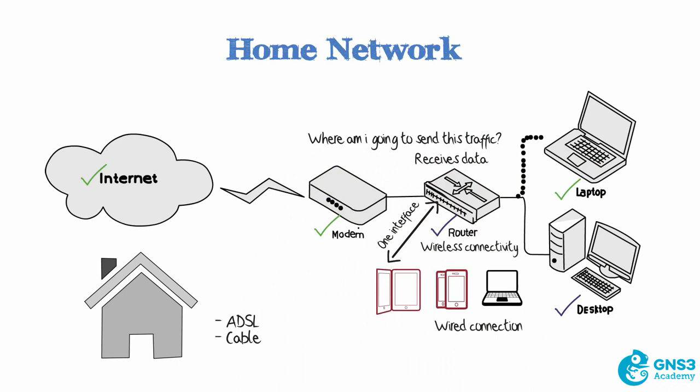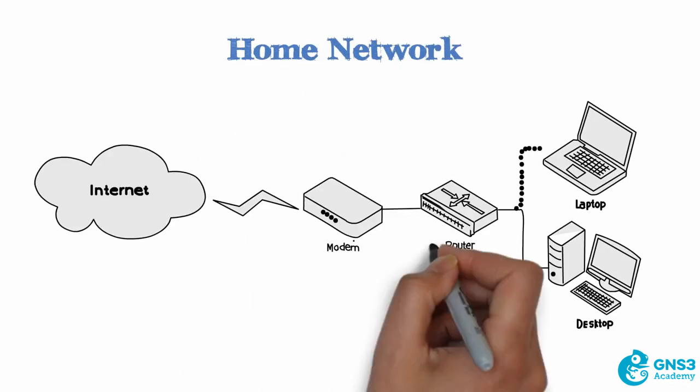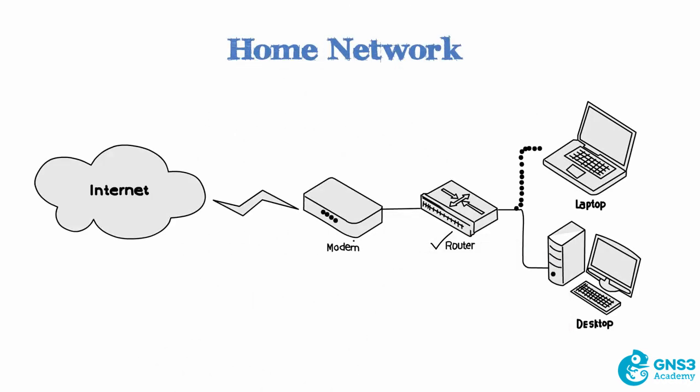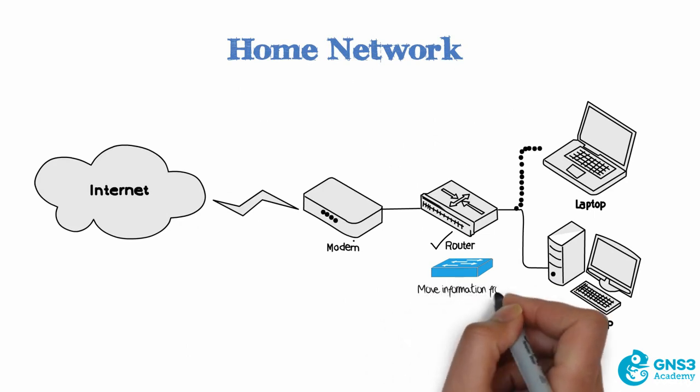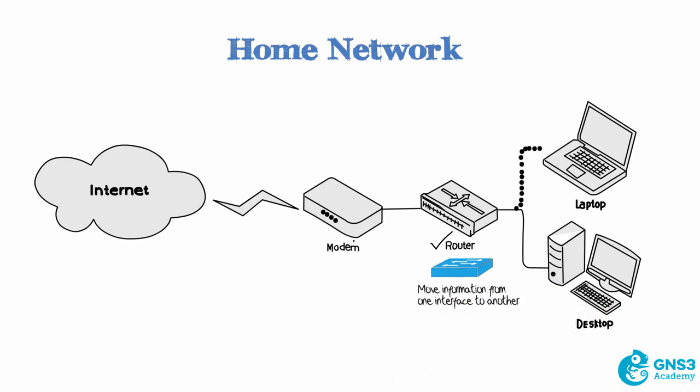Do I send it onto the wireless network so that it can be sent to the laptop, or do I send it onto the internet because you're trying to access a website such as Facebook.com? At a very basic level, a router or other devices such as switches simply move data or information from one interface to another interface based on some kind of decision criteria.